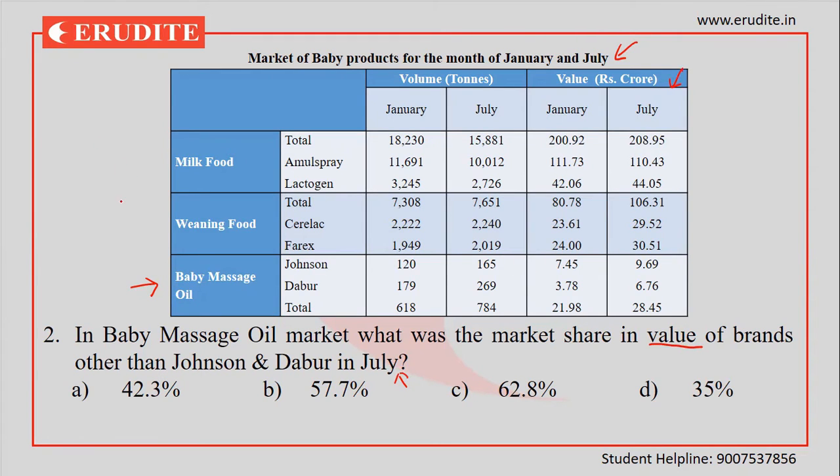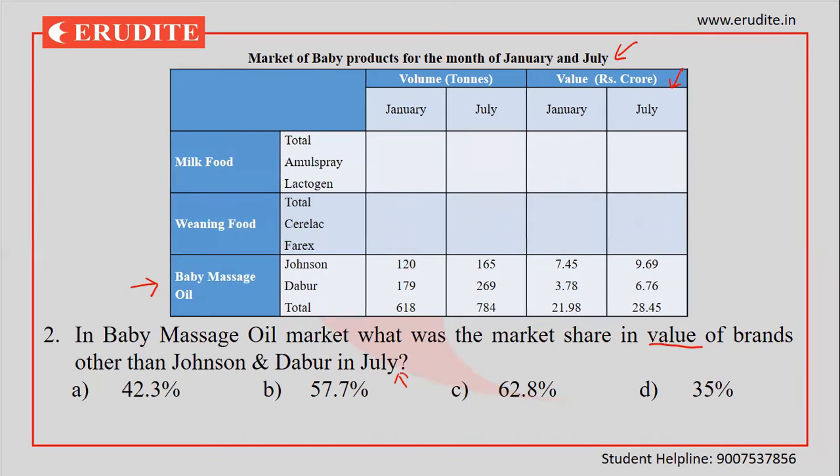This way, understanding the entire part one after the other, we can find that this part of the entire thing, milk food and weaning food, is not at all required, because it has mentioned that it is the baby massage oil market.